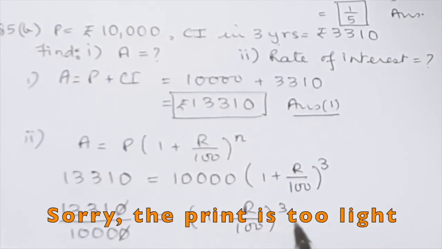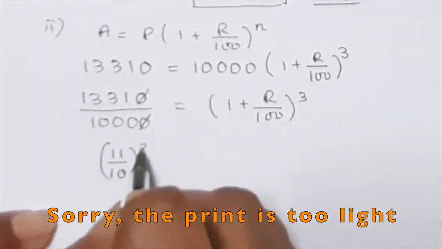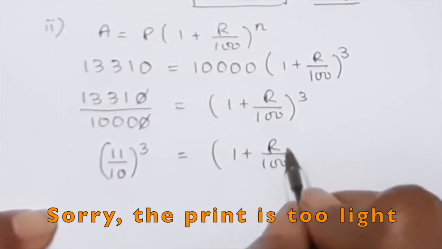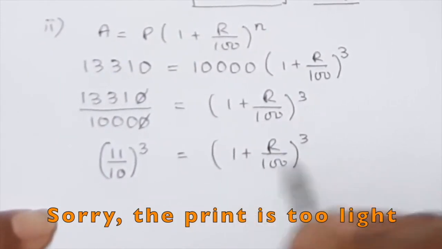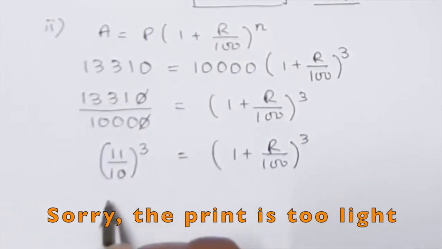The 0 gets cancelled. Now if this is a cube, this must be a cube, and we know that it is the cube of 11 upon 10, and that is equal to 1 plus r upon 100 to the power 3. So you will see that the powers are same, so the bases must be equal.